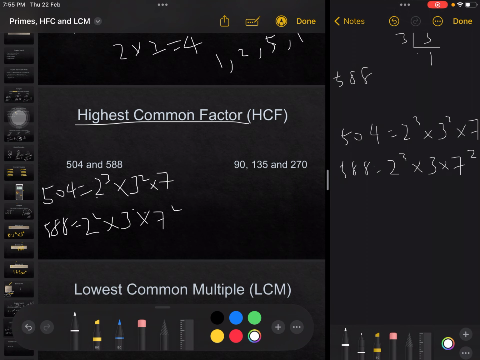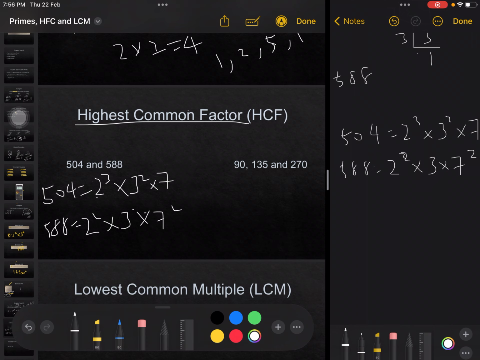So how do we find the highest common factor? In order for us to find it, we will take, let's say for example we have 2 to the power 3 here and 2 to the power 2 at the bottom.